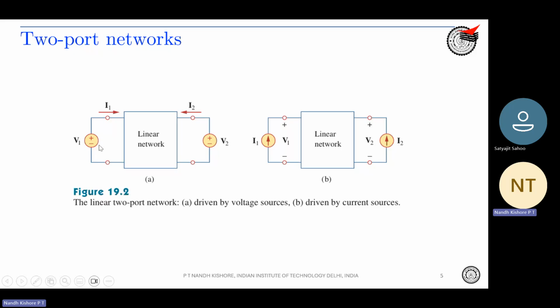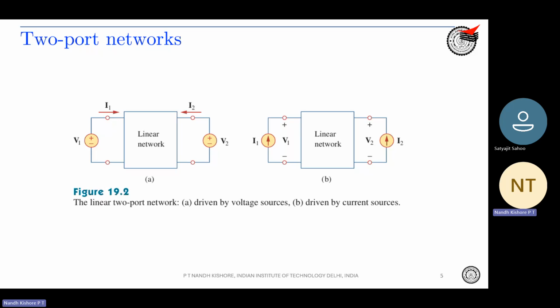You can have a network that is driven by voltage sources, which is something we see very commonly. So you have V1 and V2, which are independent voltage sources, and as a consequence of your network, you will have some current, that is I1 and I2. The magnitudes of I1 and I2 are completely dependent on the network.